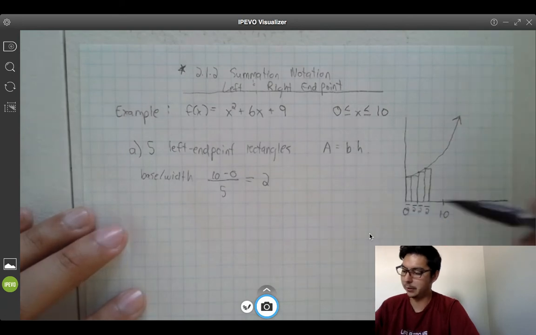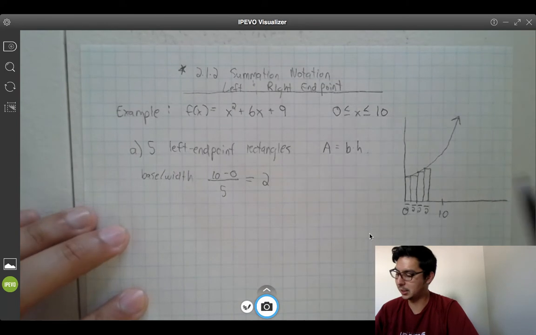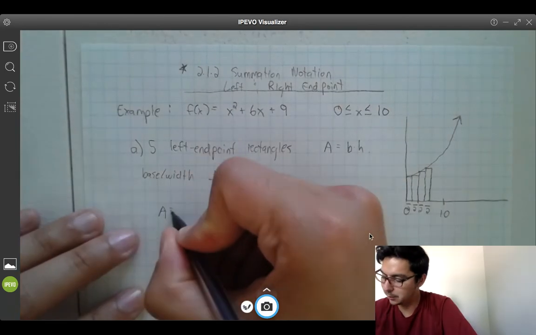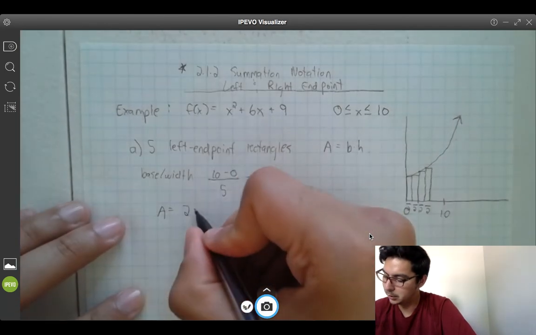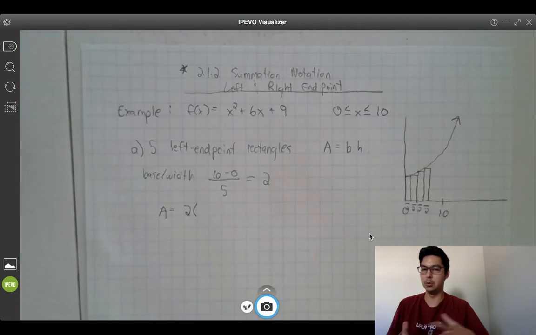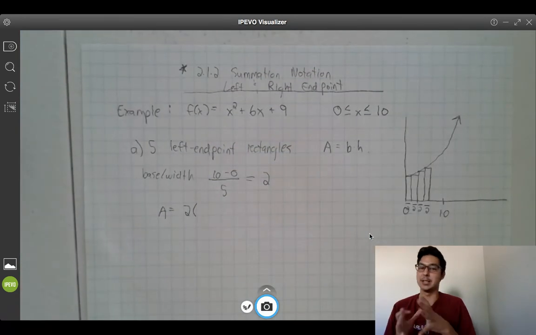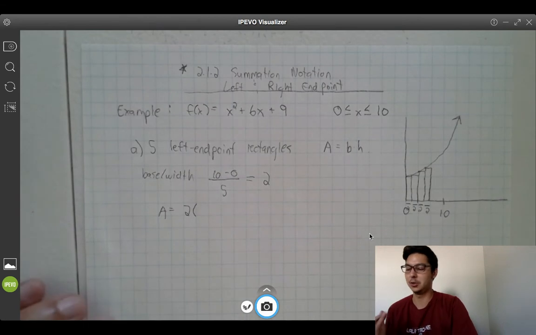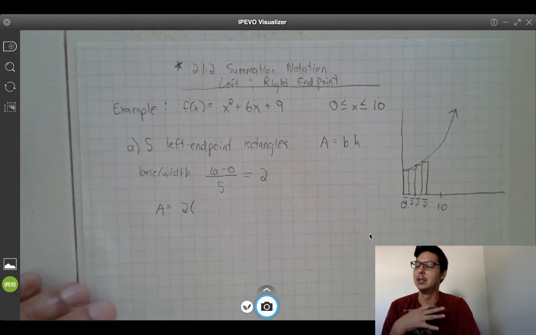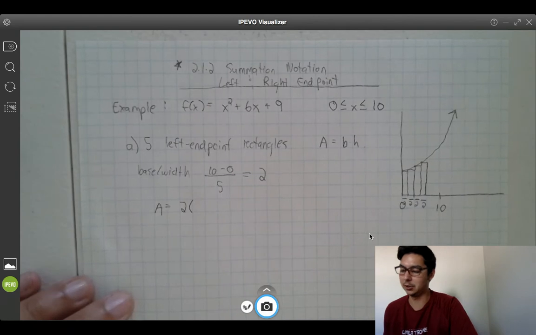Granted, it's not a perfect drawing, it's just a sketch. So then your area is going to be 2 times, now let's go through what those rectangles would be if we were to write this out brute force, and then you'll develop the pattern to see what the summation is.